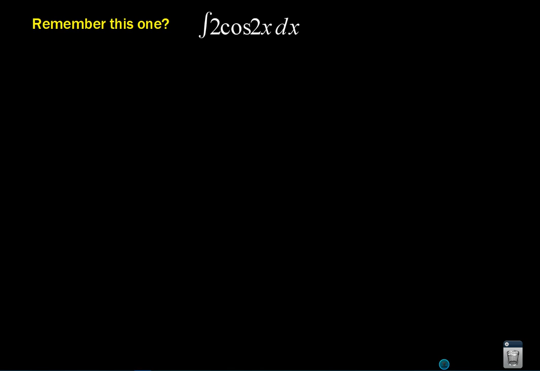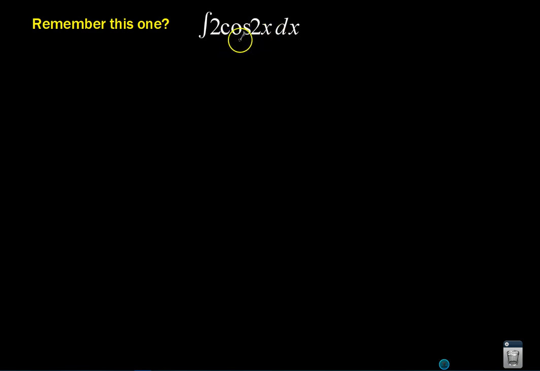Okay, so we want to look for two expressions, like one of them maybe inside some type of grouping scenario, and then its derivative. So here, a couple of ways to look at this. I can think of the 2 as an expression, the cosine 2x as an expression, or I can think of the 2 as an expression and then just the 2x by itself as an expression inside cosine.